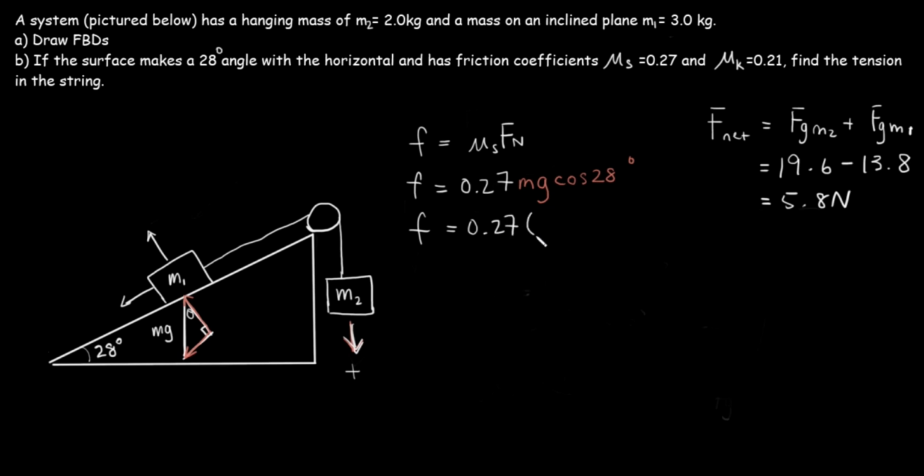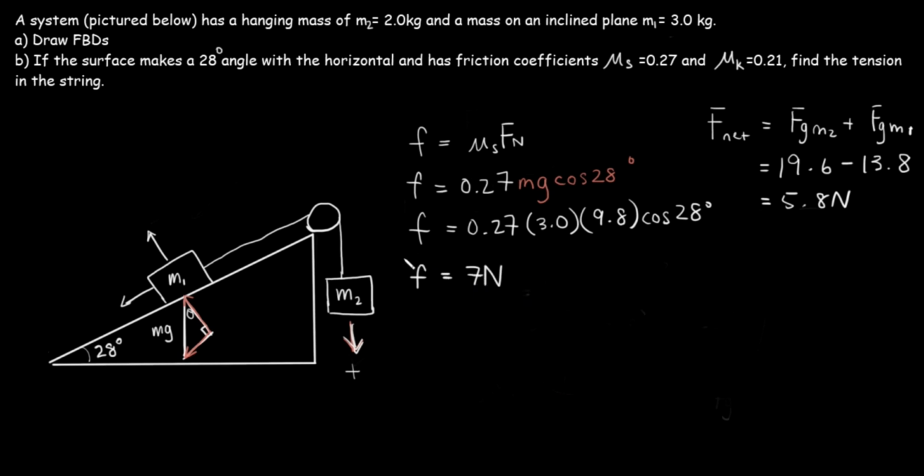0.27, the mass is 3.0 times 9.8 times cosine 28. And we get 7 newtons.